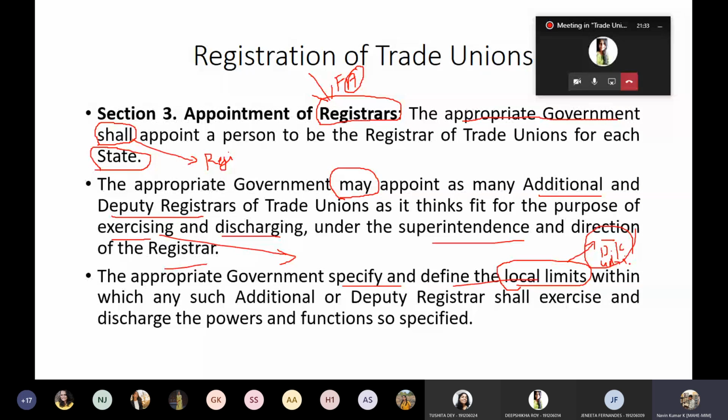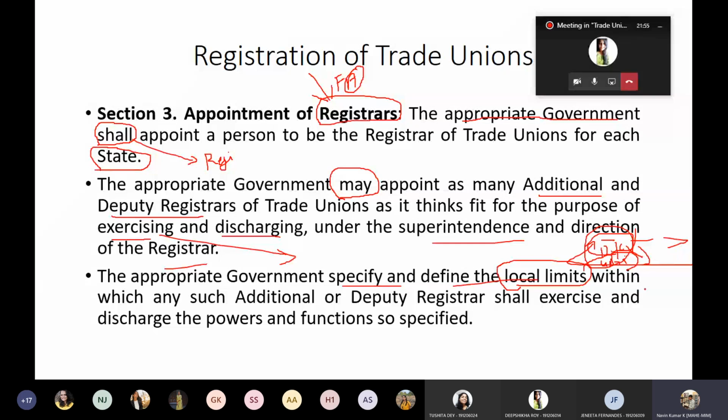So the government will decide what is their jurisdiction, what are their limits. So their limits may pertain to the Dakshina Kannada and Udupi, or else in case if they want to appoint additional registrar for Dakshina Kannada separately, they can do that. It is left to the appropriate government to decide.